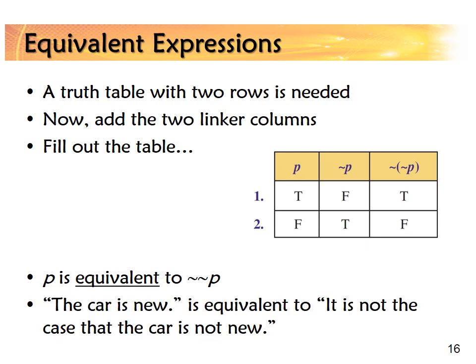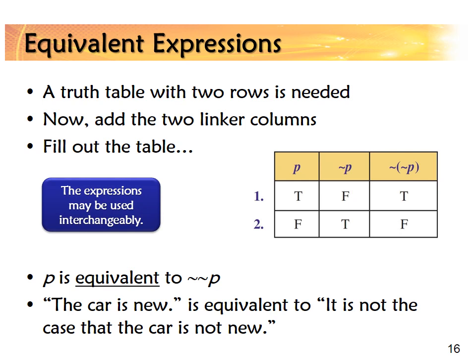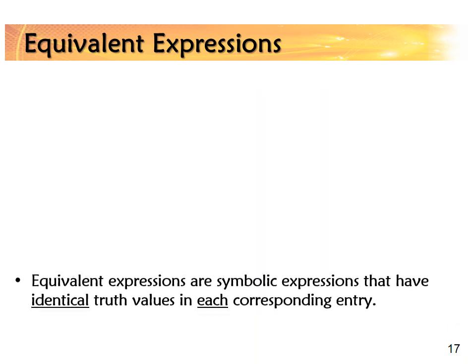P is equivalent to not not P. So the car is new is equivalent to it is not the case that the car is not new. See how that worked out? So we can use these interchangeably when we want to.